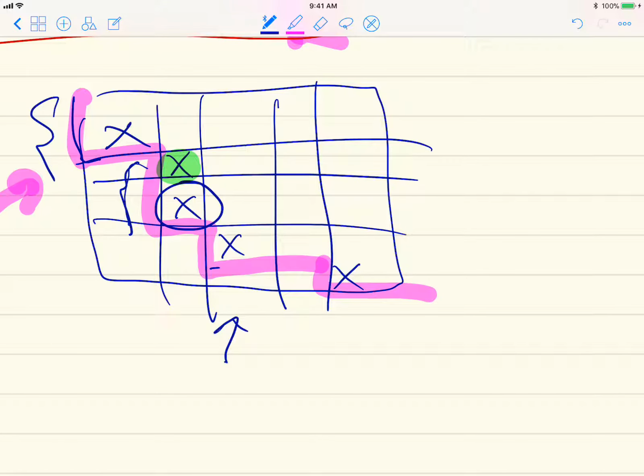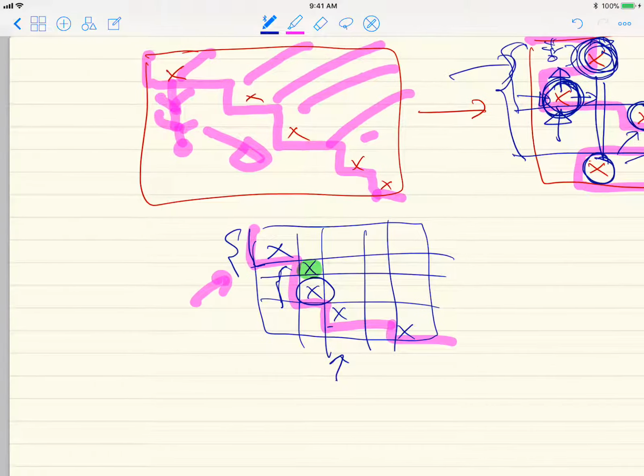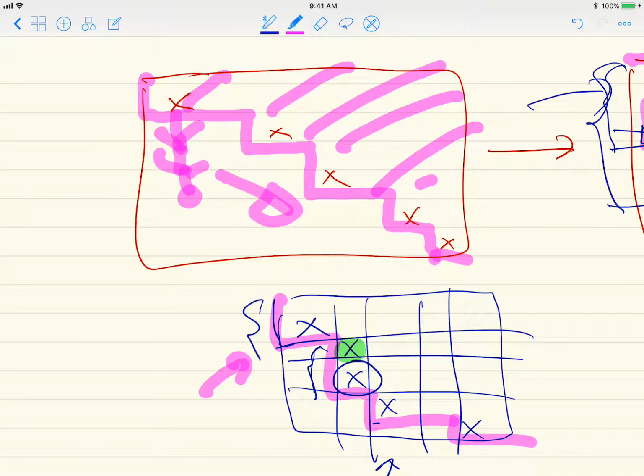But what about this case? Let's see. This staircase is our echelon form. So this is clearly an echelon form. Suppose you are here, and then you go to the right horizontally, right?